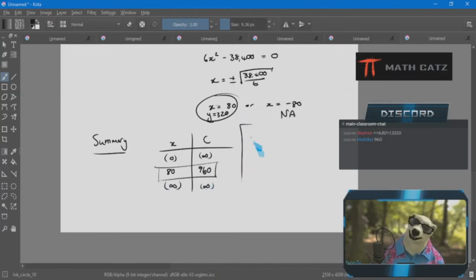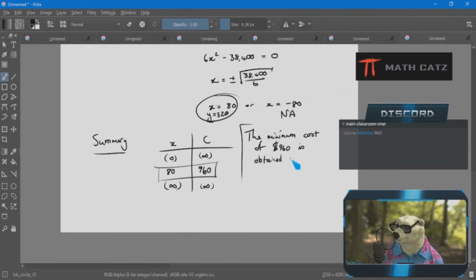Let's write our concluding sentence over here. The minimum cost of $960 is obtained with, what's the field?